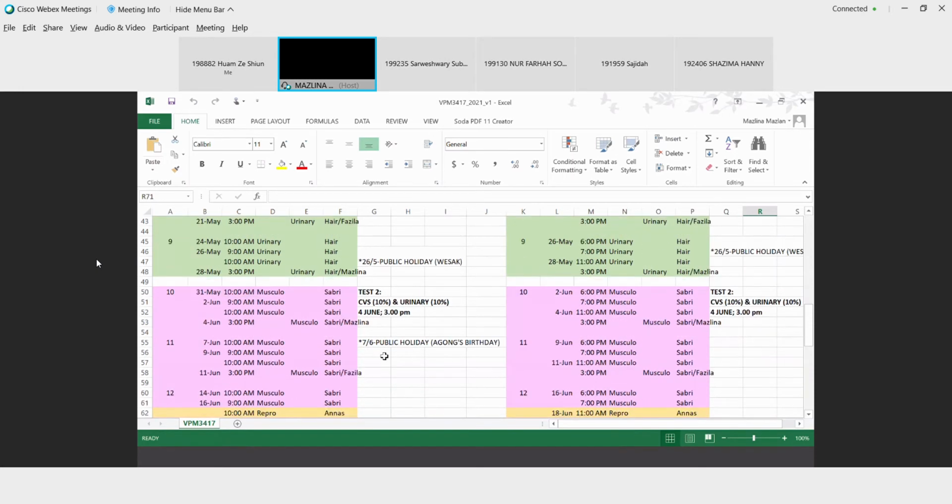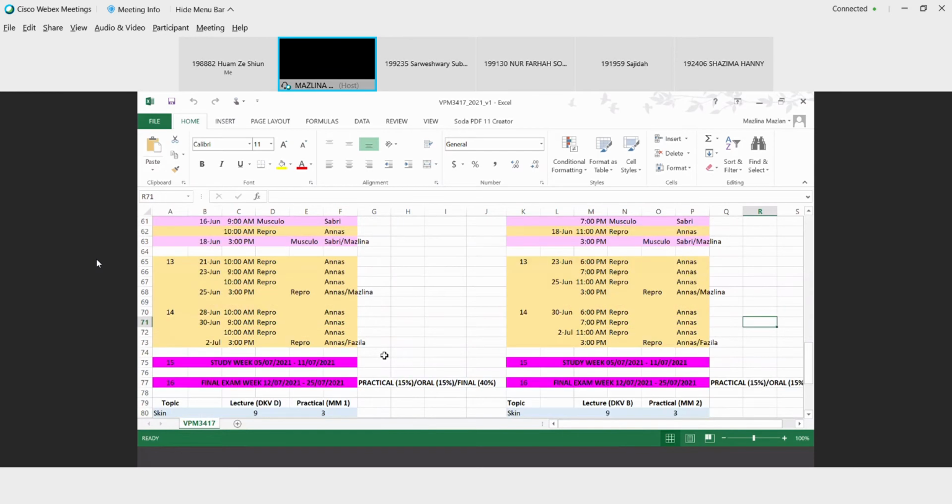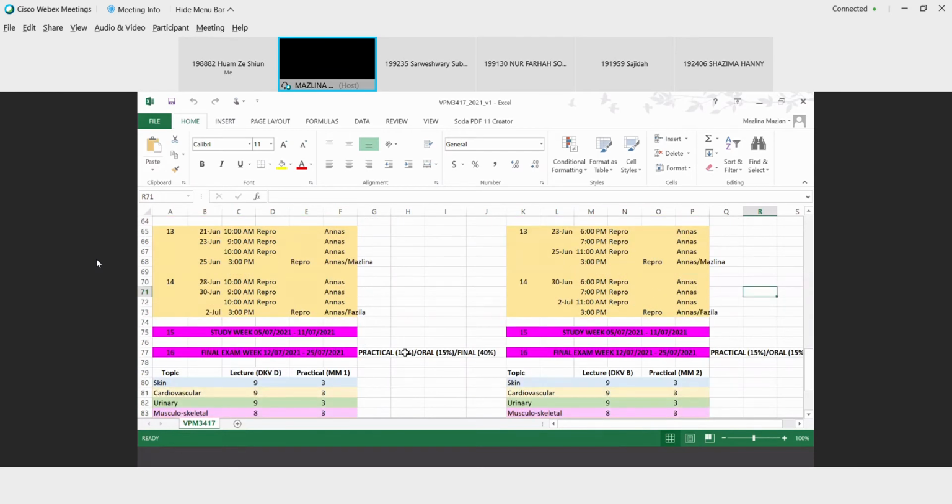Then we have the practical exam. This is 50%, whereby we will cover all the 5 systems. Each system will give you 3% marks. Then we have the oral exam, also 15%. And last but not least, the final exam, which will comprise 40% of the total marks.